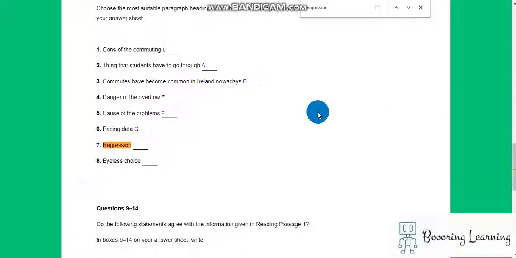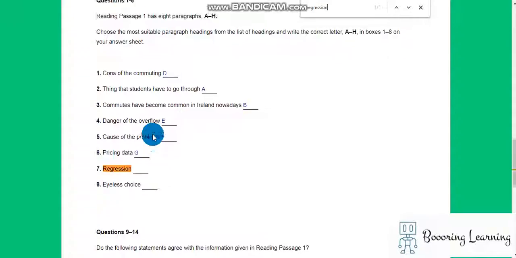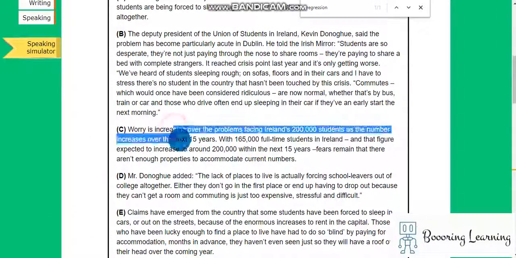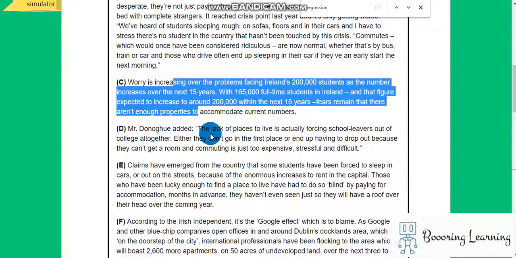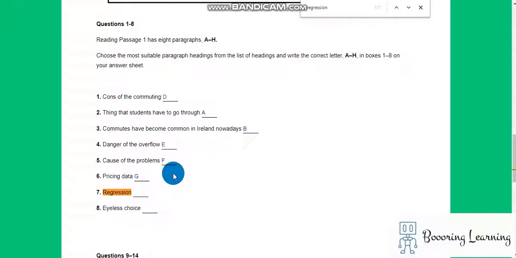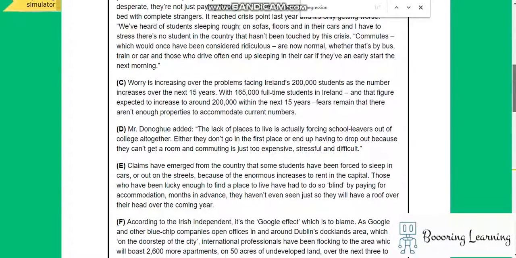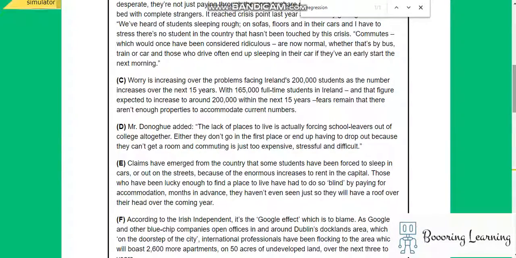Okay, A, B, C. Okay, E. I think it is IELTS choice. And danger of the overflow. Worry is increasing over the problems facing Ireland, and that figure expected to increase to around.